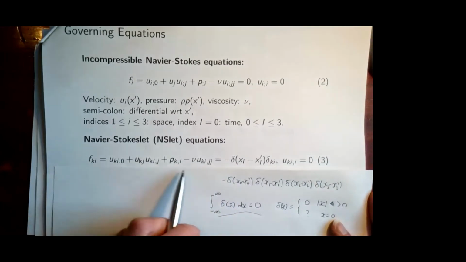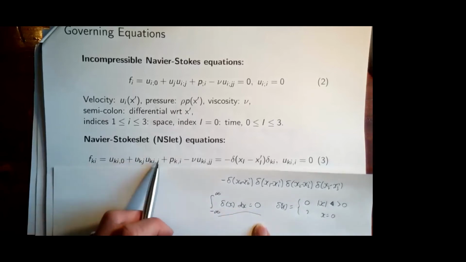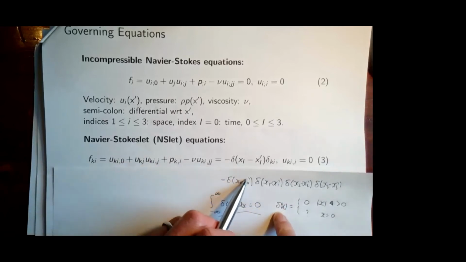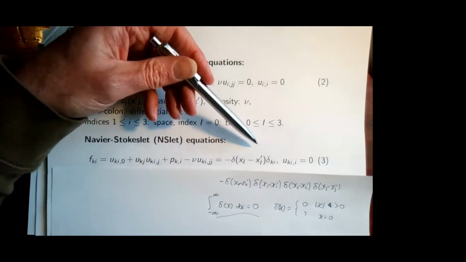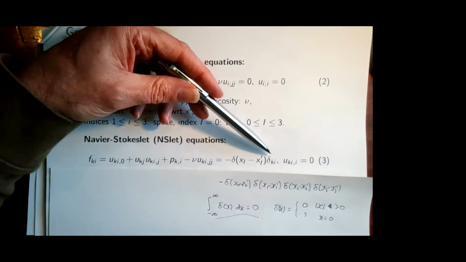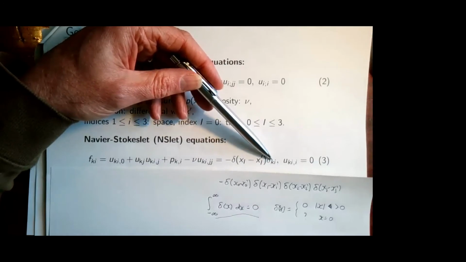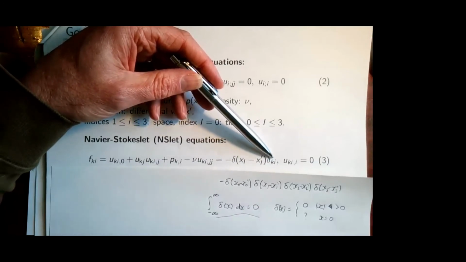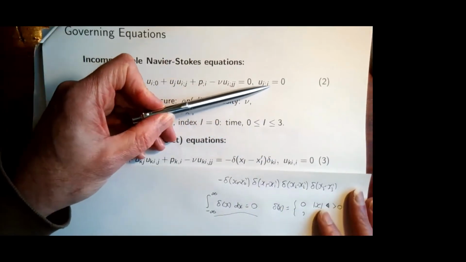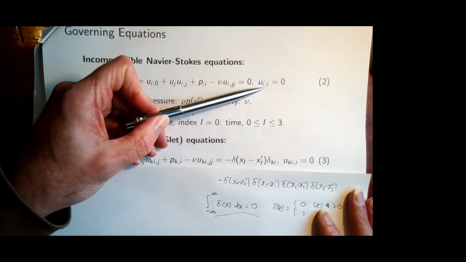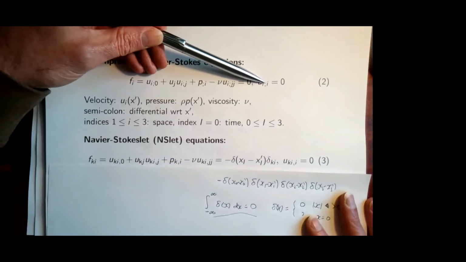So this equation is force per unit volume, and we've got 4 Dirac delta functions integrated across, and they pick out the kth Navier-Stokeslet in each case. Originally I said that with Einstein's summation, you sum over repeated indices. If it's a little i, that's just space, going from 1 to 3.